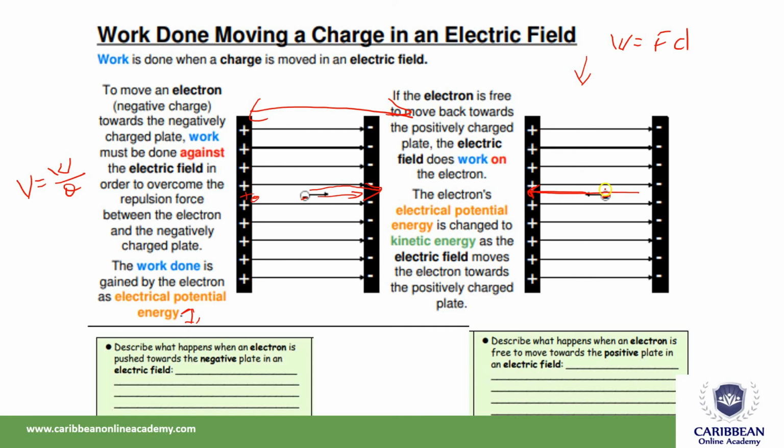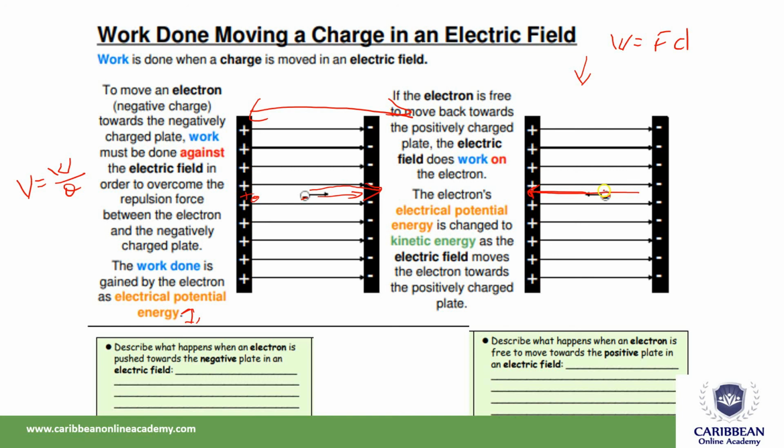Because clearly, as we know, positive attracts negative. So in this case, the work is being done on the electron, but it's the electric field that is actually doing the work in this case.